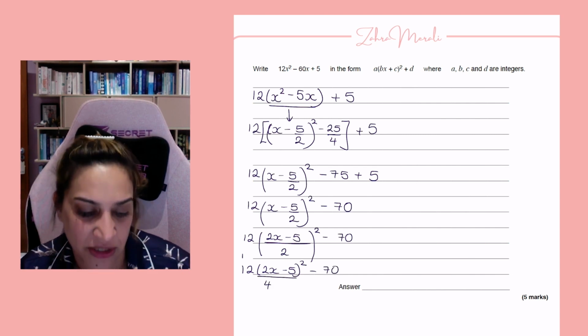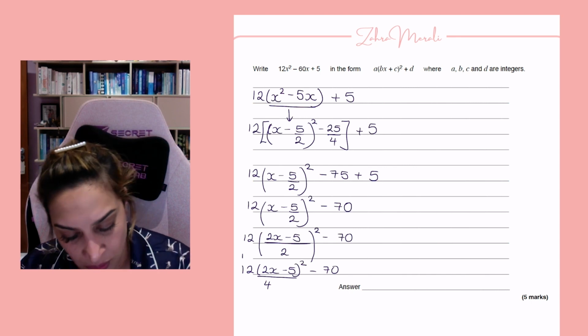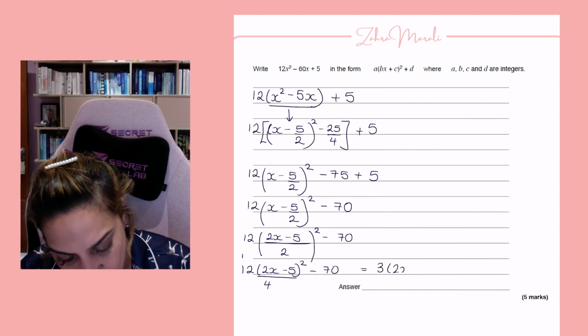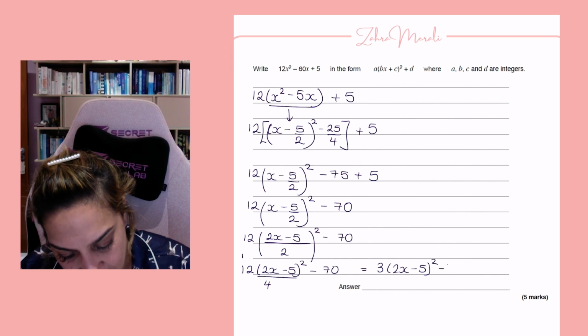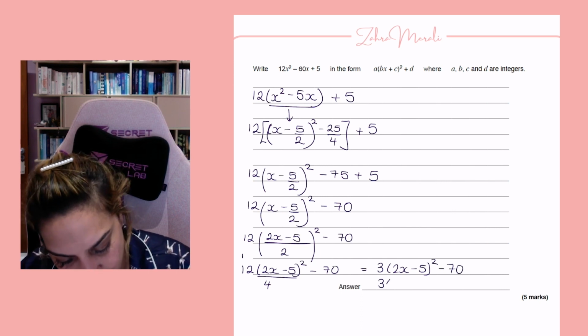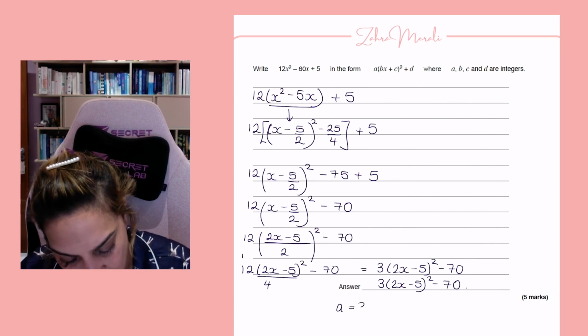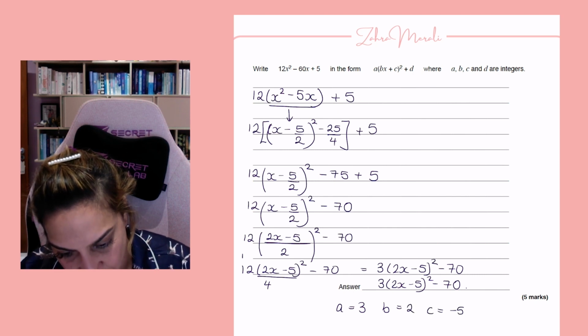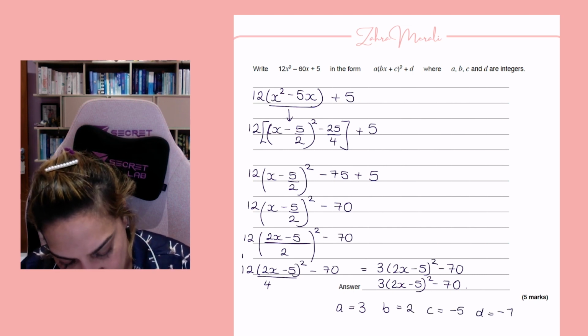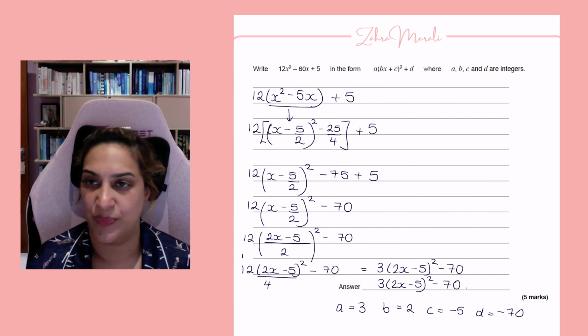And now you can see you can do 12 divided by 4, which is going to give you 3(2x minus 5) squared minus 70. And so you can see that your A is 3, your B is 2, your C is minus 5, and your D is minus 70. Okay, perfect. Thank you.